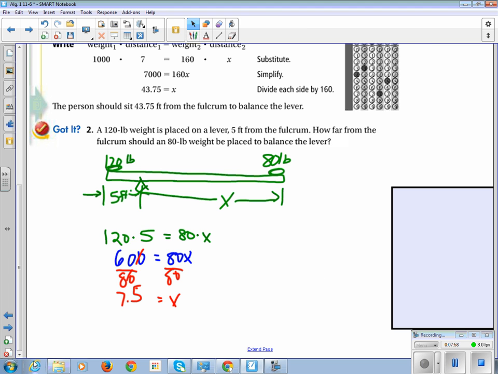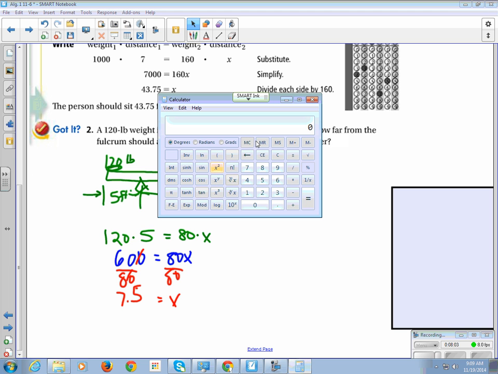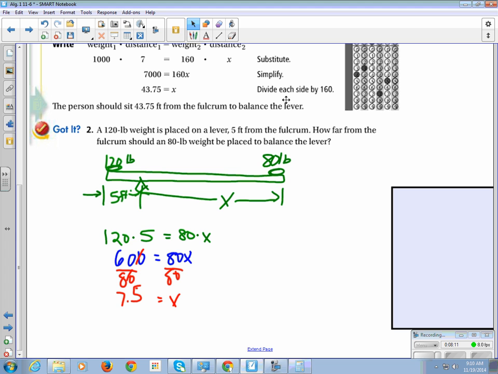Get my calculator out because sometimes math is crazy. So we got 600 divided by 80. Yes! Love it when mental math comes together. So 7.5 feet is our answer.